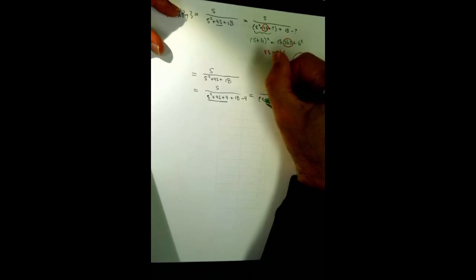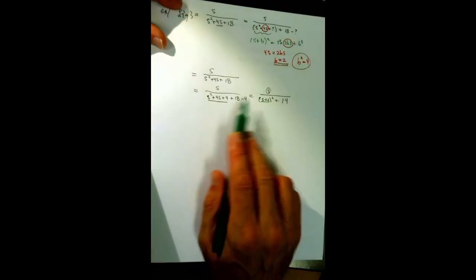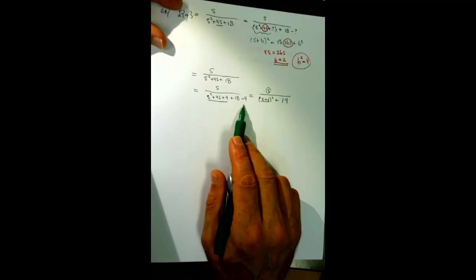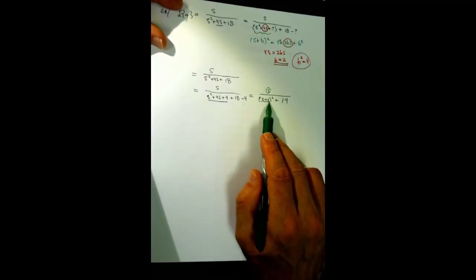If I want to use that weird exponential thing, everywhere I see an s, I need to see an s plus 2. And I have an s by itself, but no s plus 2. What did I do here? I added and subtracted the same thing, and that's perfectly fine because if I add something and subtract it, I'm essentially adding 0. And if I had an s plus 2, I could use the exact same trick I used before.